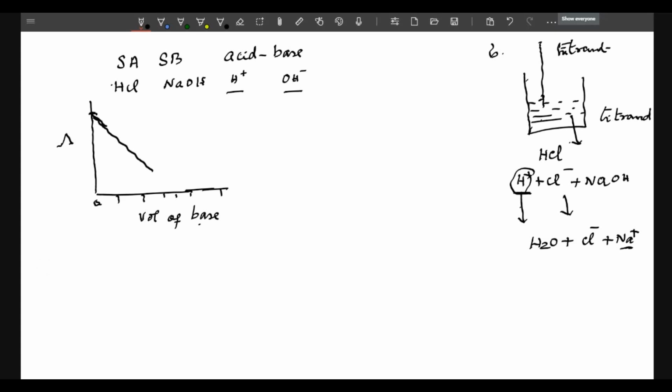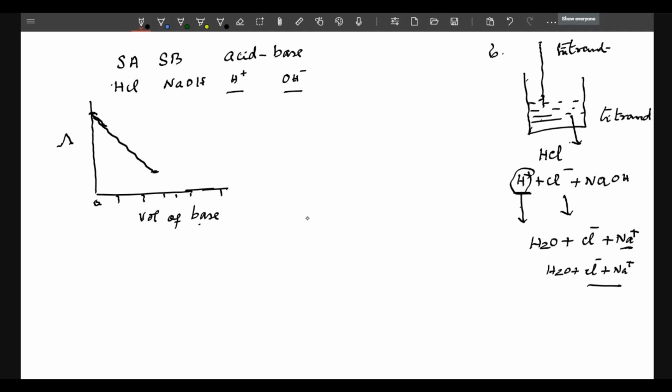At the equivalence point, the added sodium hydroxide is equivalent to the amount of HCl present. At the equivalence point, only water, chloride ion and sodium ion are present, so its conductivity would be somewhat low.